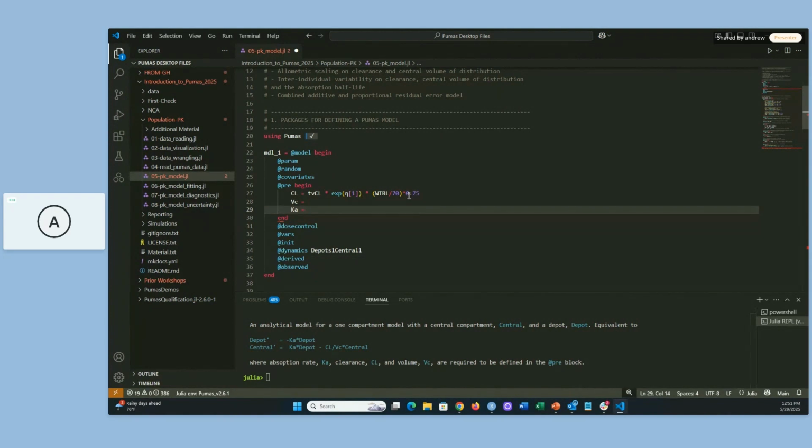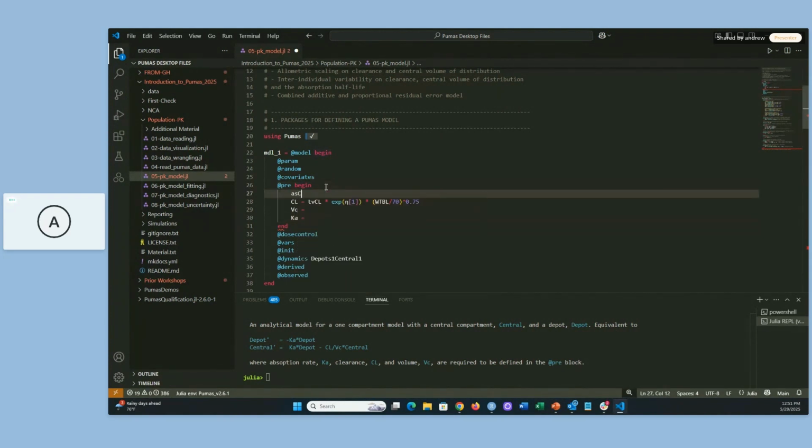And one way you end up shorthanding this is, we can define another parameter here, the allometric scale on clearance, and just include this up there. So it makes it look a little bit neater in terms of shorthand.